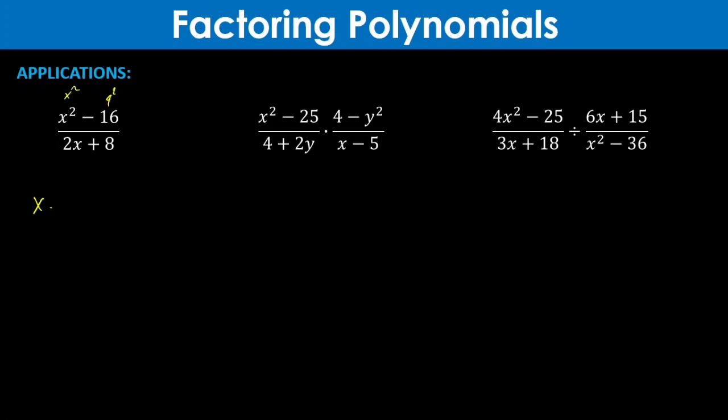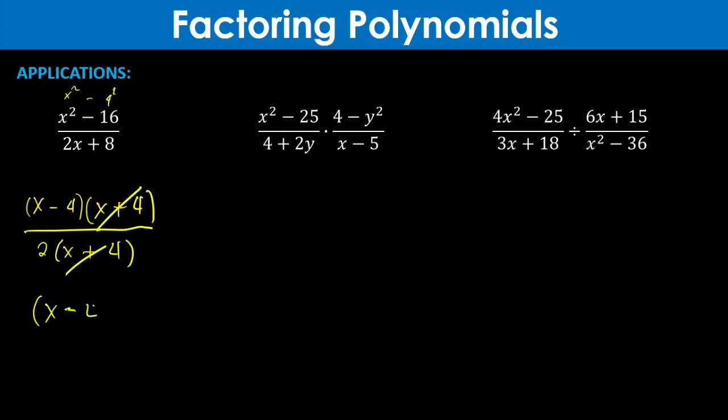So that's x minus 4 and x plus 4 over, this one's common factor, so we can factor out 2. x plus 4 will be the remaining factor here, and we can cancel this out, and the result is x minus 4 over 2.